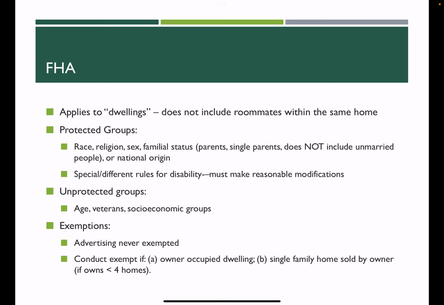So, age, veterans, professions, people in socioeconomic groups, all of those are not covered. And then there is an exemption, which does not apply to roommates, and also there is an exemption for small owner-occupied dwellings, as well as single-family houses sold by the owner if they own less than 4 houses.